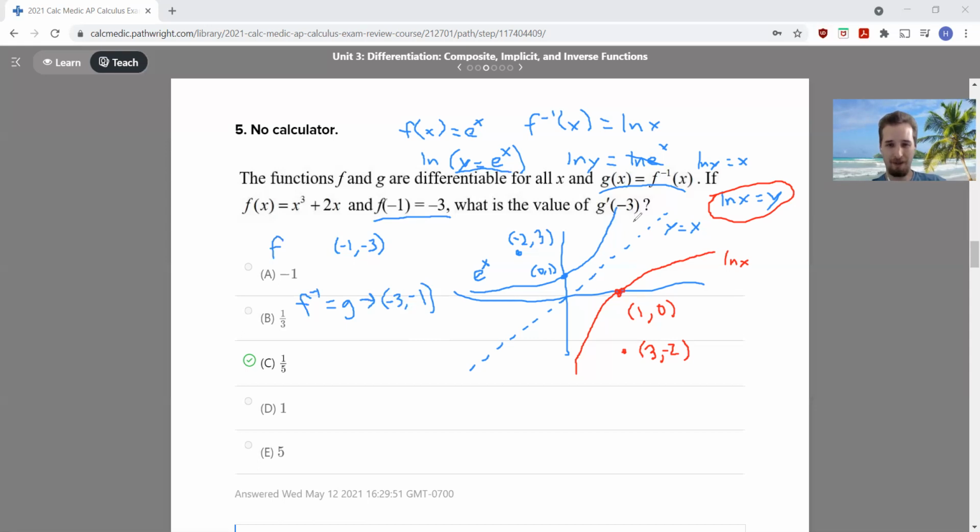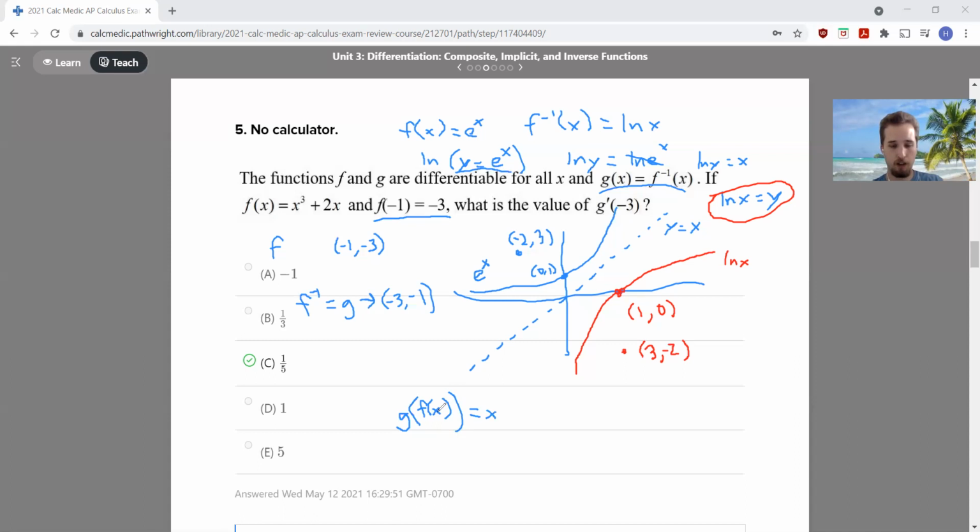Okay, so if we want to find g prime, right, well, a couple different ways you can do this. Let me just take a look at something real quick. Okay, so we know that for an inverse function, g of f of x is going to equal x.